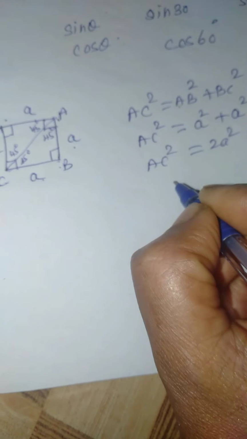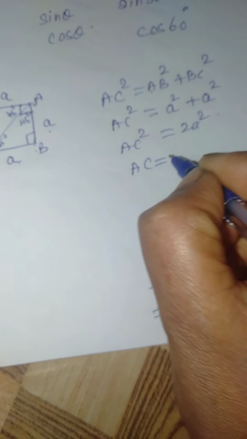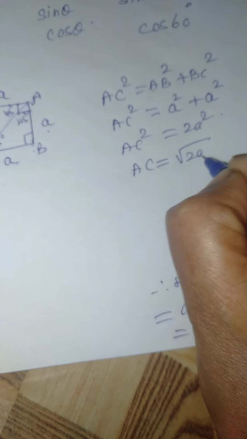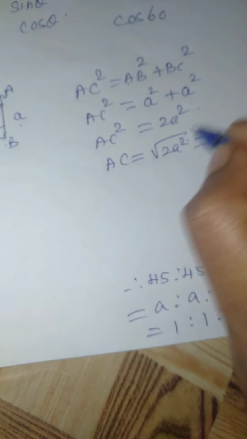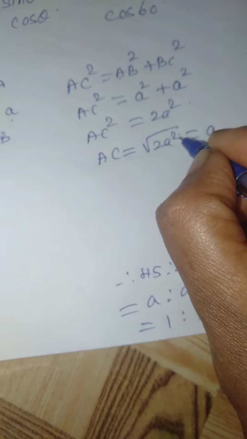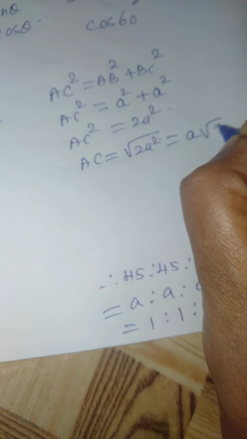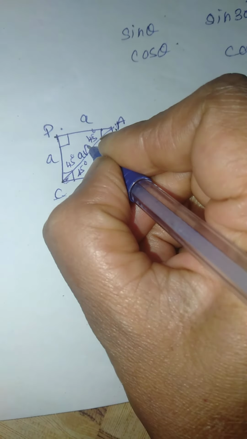So AC is equal to the square root of 2a square, in which a square will come outside the square root because it's a into a, but root 2 we cannot take out. So AC is now a root 2.